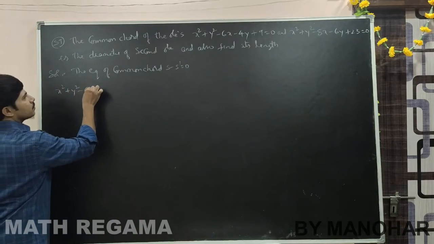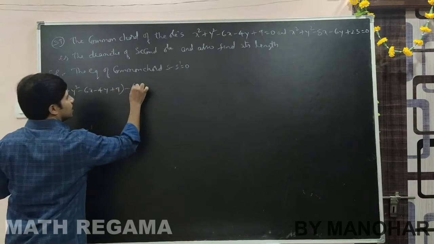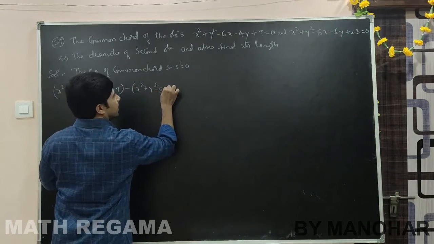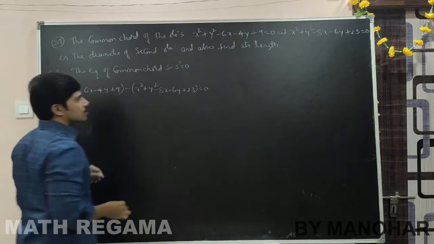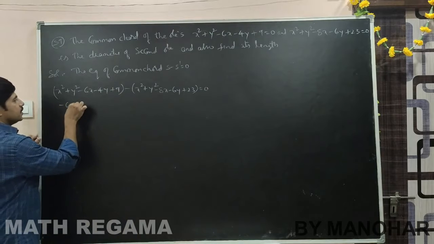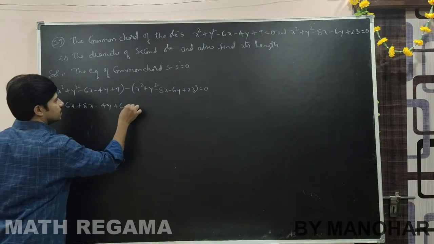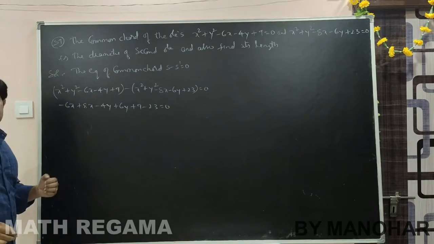x square plus y square minus 6x minus 4y plus 9, and minus of x square plus y square minus 8x minus 6y plus 23 is equal to 0. So if we simplify, what we get is minus 6x plus 8x, minus 4y plus 6y, plus 9 minus 23 is equal to 0.